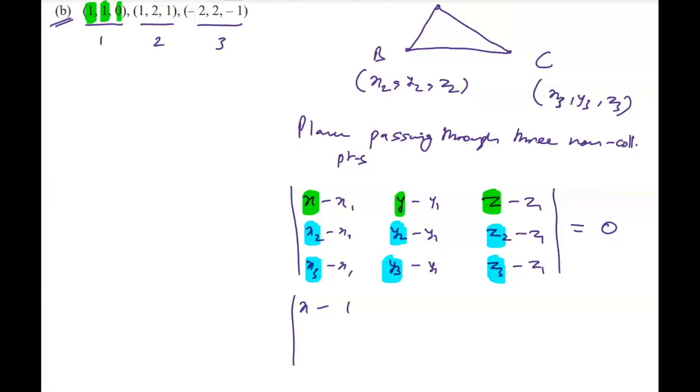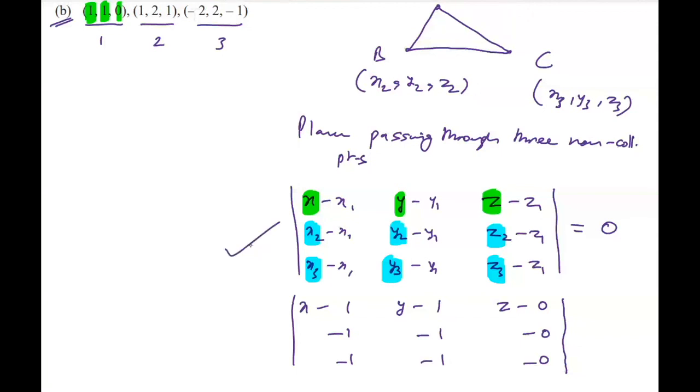That is 1, 1, 0. Again 1, 1, 0 will be subtracted, again 1, 1, 0 will be subtracted. It is easy to write the formula rather than learning it. You just see the pattern.